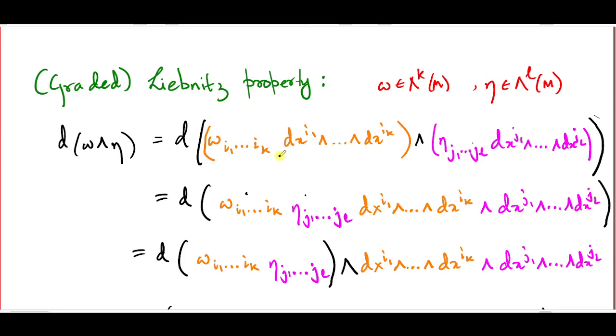Of course, you must have already figured out that I am writing the terms which come from omega in orange and those which come from eta in purple here. So, here you have omega times eta, the component functions being multiplied together, and then you have these which were originally in the expression for omega, and then these which were originally in the expression for eta.